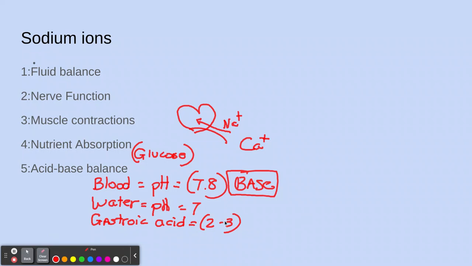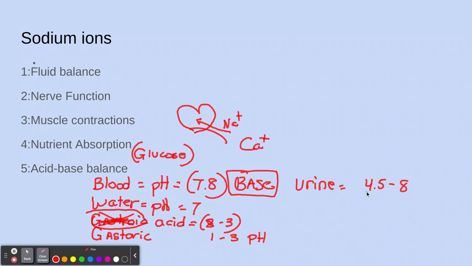Actually, it's not even 2 to 3, it's 1 to 3. Around 1 to 3 is the pH of the stomach acid. Spelled it wrong over here. Gastric acid or stomach acid. And urine has a pH of about 4.5 to 8, so it can go from acidic to a base, alkaline.